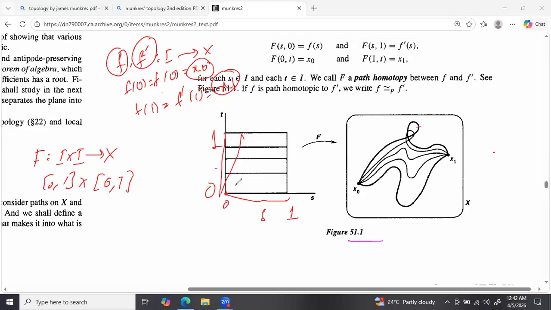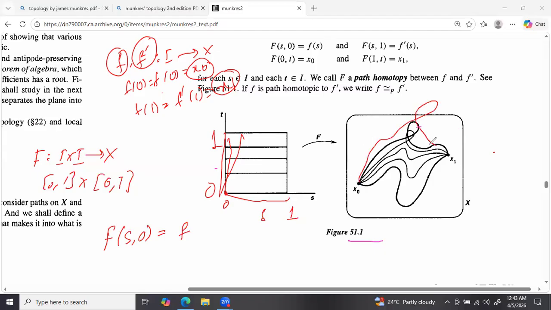And they are saying if we change t from 0 to 1, which means that first of all we will change t, we are going from bottom to top. So if we substitute t is equal to 0, F of s comma 0, we get f, which means that this is the first path.